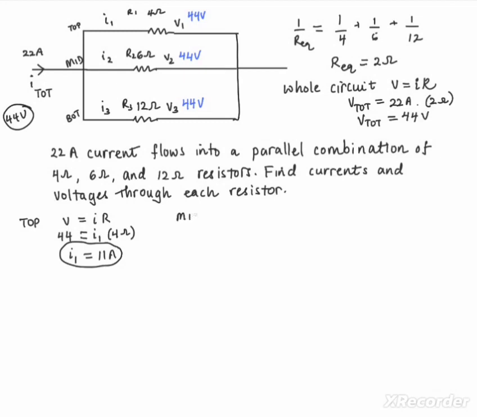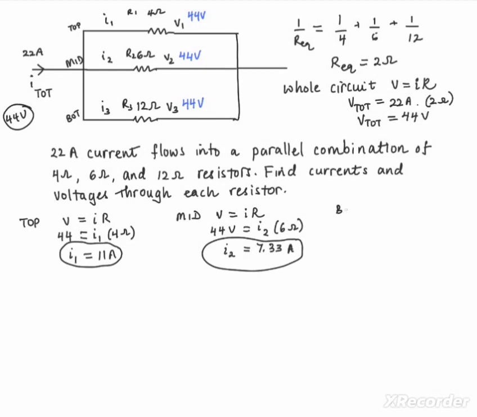If you do the mid-level, V again is 44 volts, I2, and R2 is 6 ohms. That gives us I2 is 44 divided by 6, which is 7.33 amps.